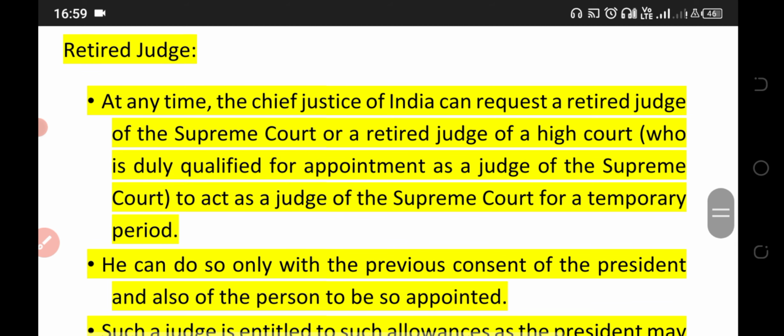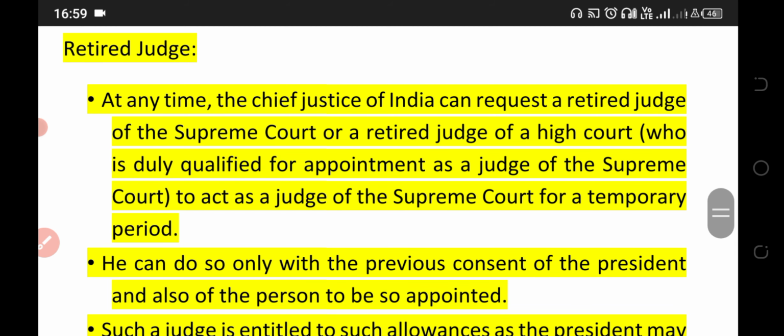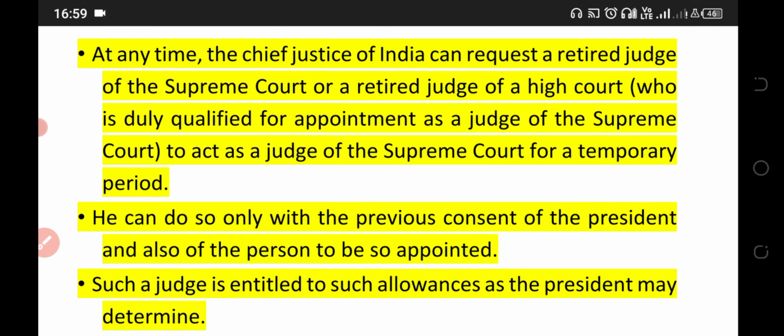Retired judge. At any time, the Chief Justice of India can request a retired judge of the Supreme Court or a retired judge of a High Court who is duly qualified for appointment as a judge of the Supreme Court to act as a judge of the Supreme Court for a temporary period.